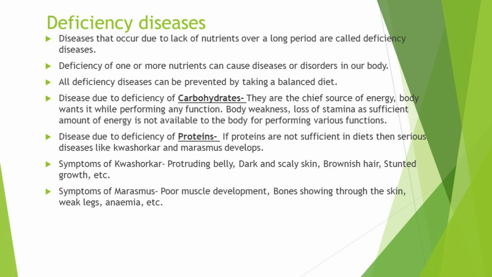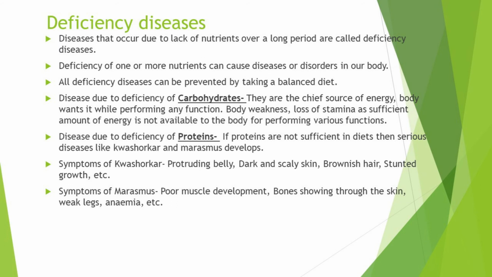Skin becomes dry, thin and wrinkled. Ribs become very prominent. Eyes become sunk inside and the child is unable to digest and absorb food and may suffer from diarrhea. And the disease caused by the deficiency of carbohydrate is marasmus.